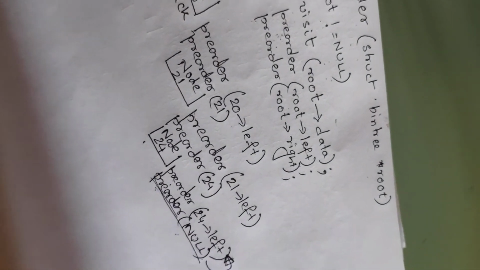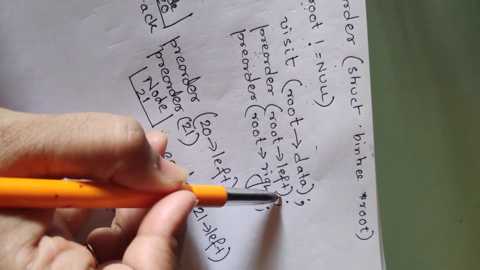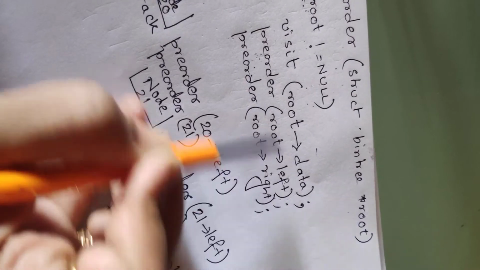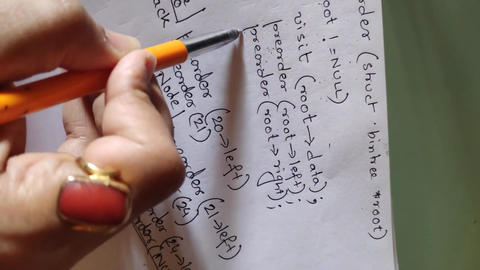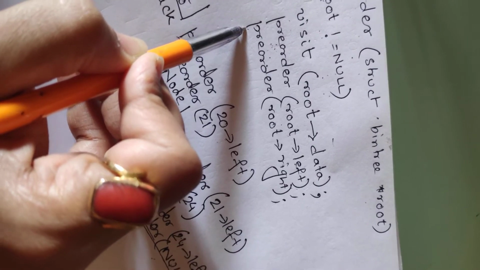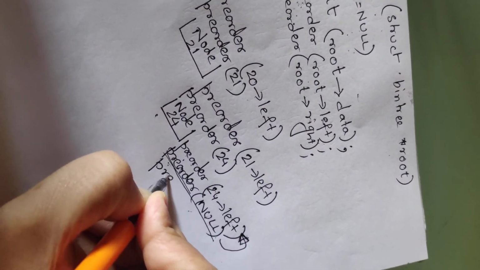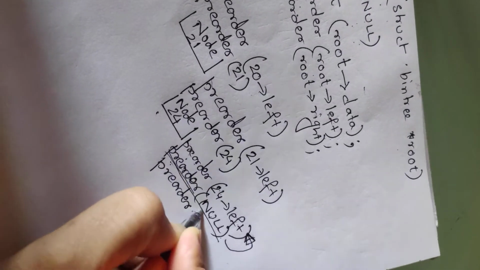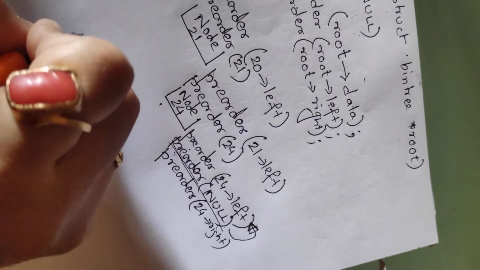So obviously the control of the program comes back to this point. Once the program control comes back to this point, the execution of the next line is left. So from here, preorder 24 right is called.